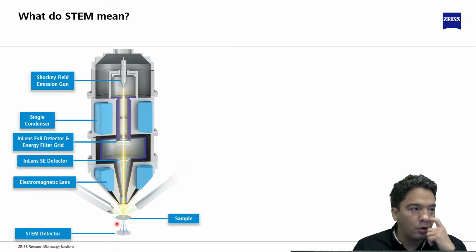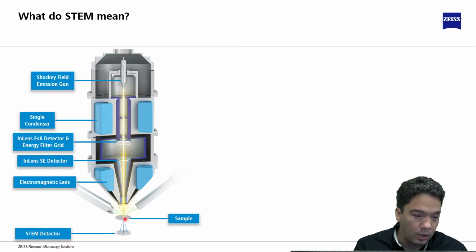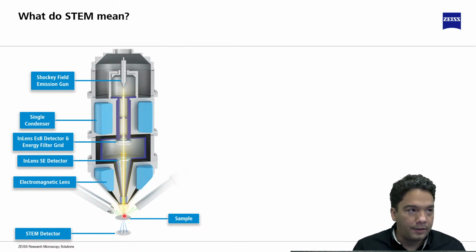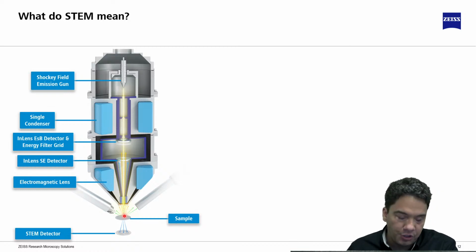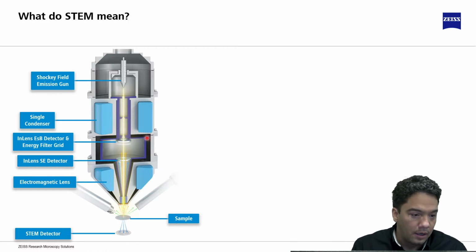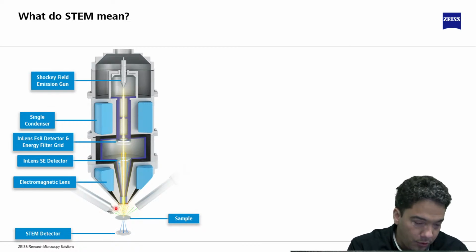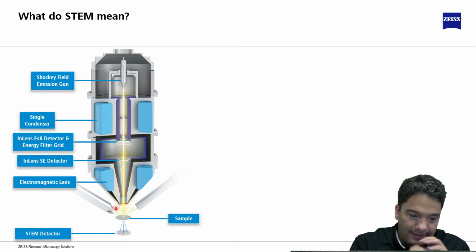You can also go for another option: try to acquire the surface of the sample and acquire this TEM-like imaging in another way, for example in-lens imaging or other detectors like a backscatter detector. But today we are speaking of STEM imaging, particularly.